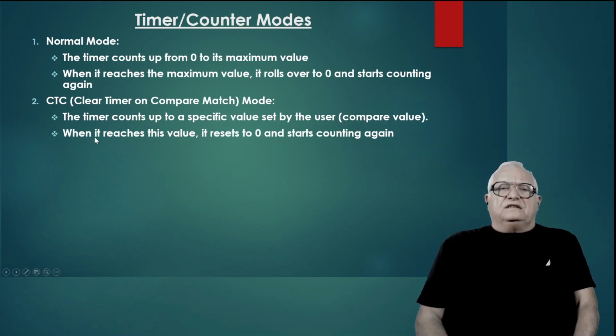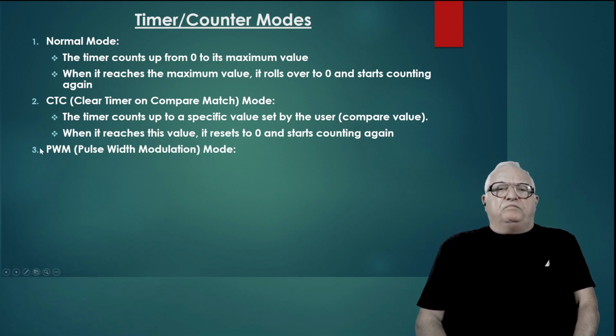Next, when it reaches this value, it resets to 0 and starts counting again. So it counts to a predetermined number, and then once it reaches that number, it sets up an interrupt or a flag or whatever we program into it, and then it goes back to 0.